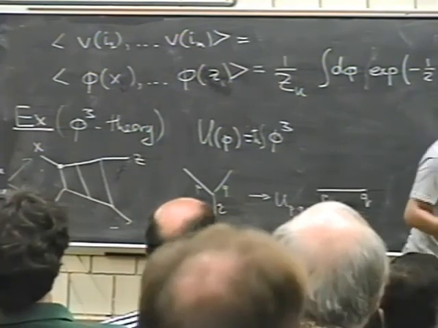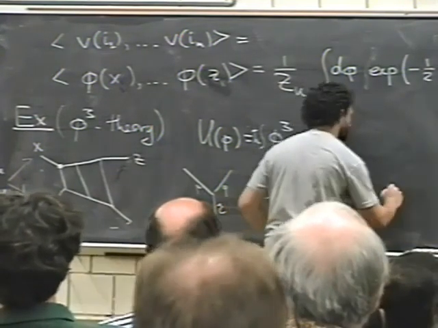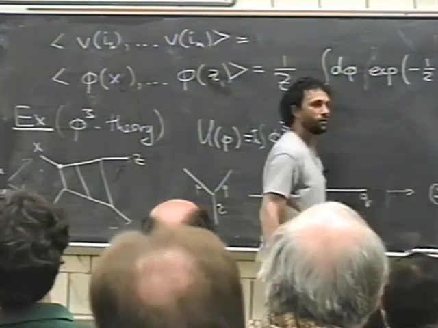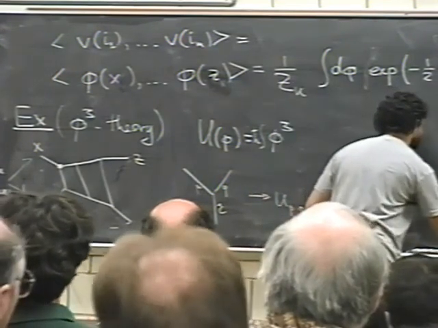Before it was A inverse, so now it will be this Green function, G of P, Q.